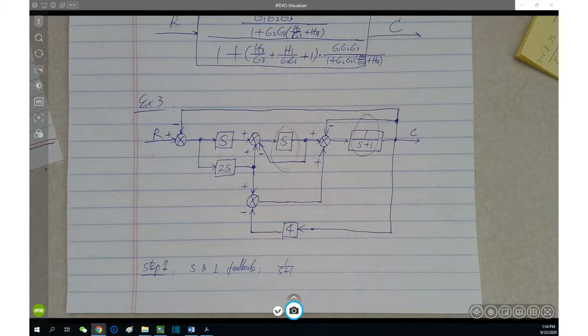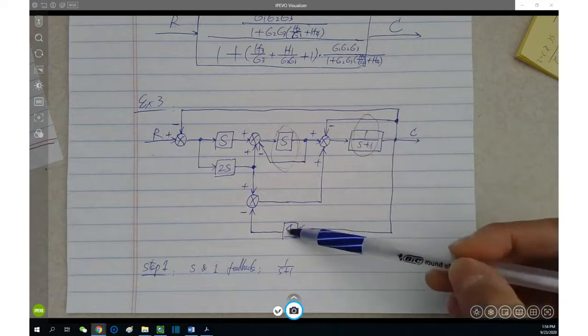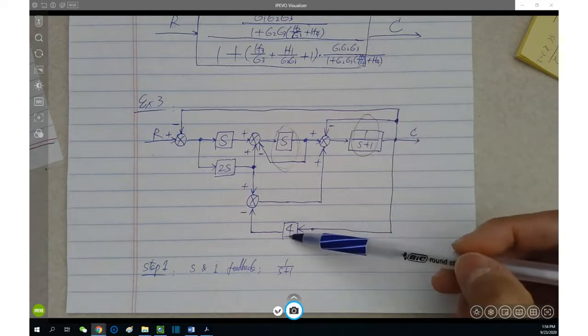Is there a feedback between the 1 over S plus 1 and the 4 at the bottom? Oh, very good. I think Wally got a very good point. Actually, Wally says this is a parallel. Is it feedback with 4? Can you guys tell that?